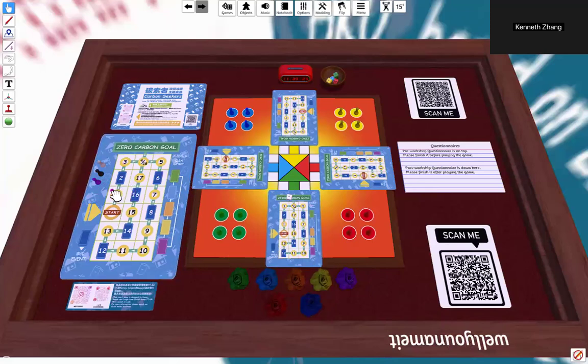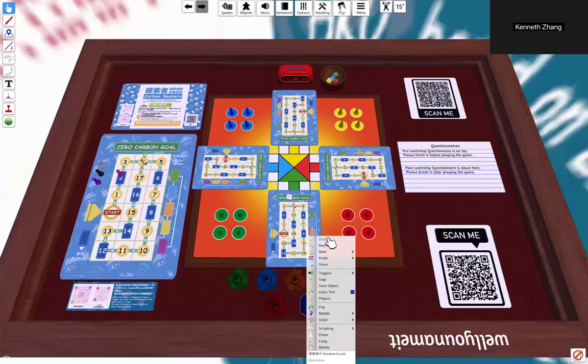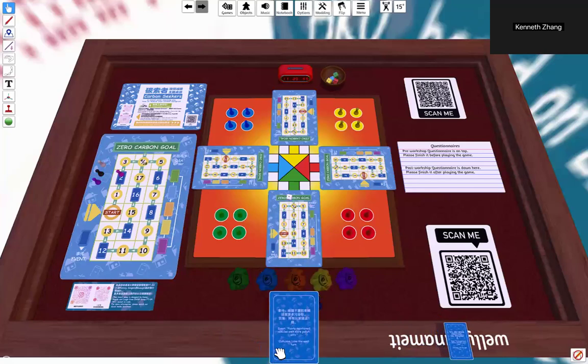Let's say if you move right here, it shows you encountered an event. So instead of answering questions, we should draw a card from the event. And it said poorly maintained vehicles emit more pollutants.